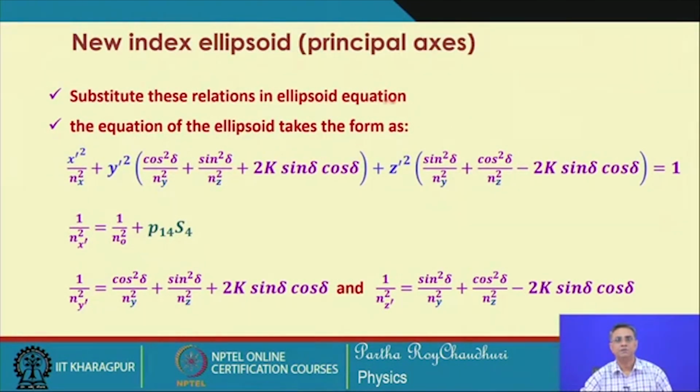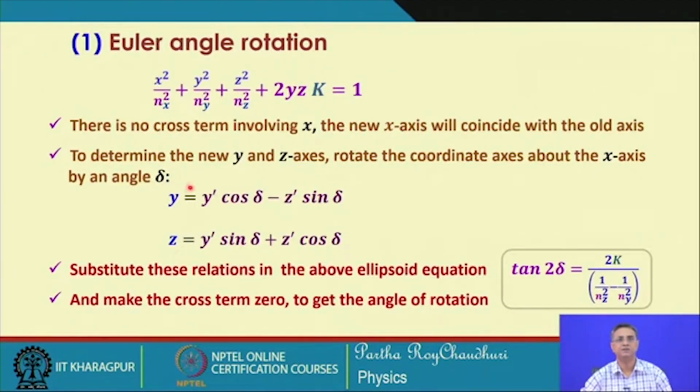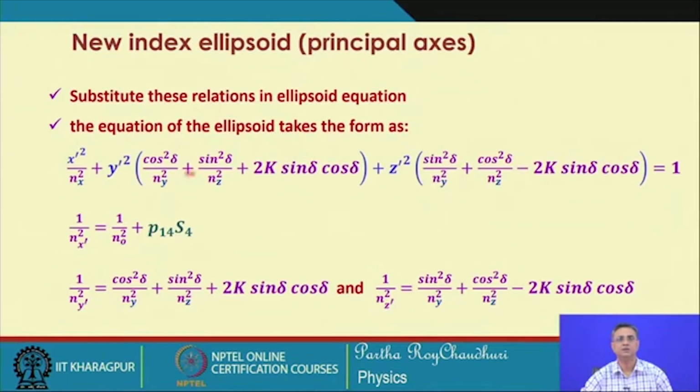After substituting this in the equation, the new equation will be of this form, because you have replaced y by this and z by this. From here you can see that n x square, or n x dash square, does not undergo any change apart from the one which was because of the change in the axis length, the semi axis length of the ellipsoid along x.